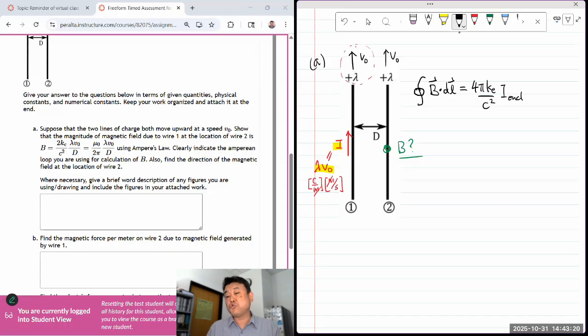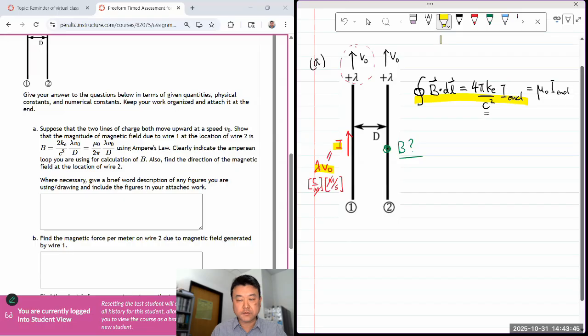Or in the more traditional combination of constants, it should be equal to mu naught I enclosed. I'm trying to keep using the Coulomb constant and speed of light as much as possible. I'll explain later. So I'm going to stick with this version for the rest of my solution. So that's Ampere's law.